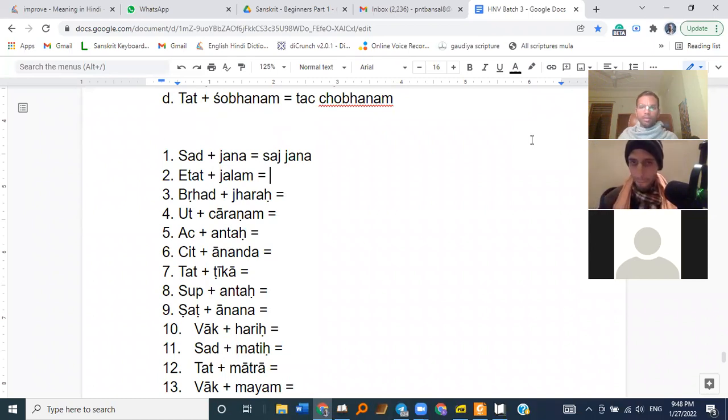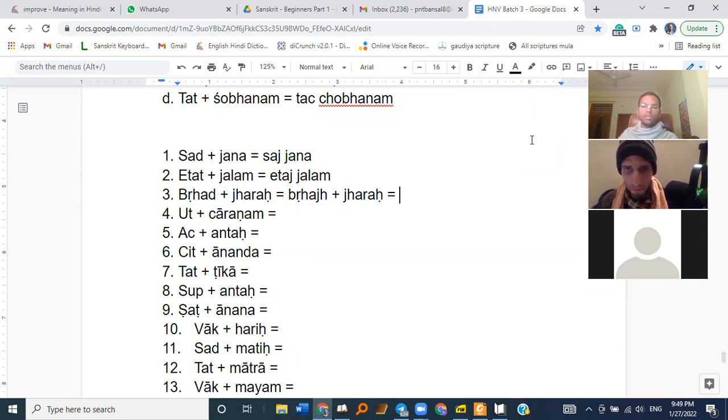Same here, datau paravarnau lachata vargeshu nityam. So etaj jalam. Brihad yukta jharah. So again, datau paravarnau lachata vargeshu nityam and brihaj jharah, and it's not done yet.